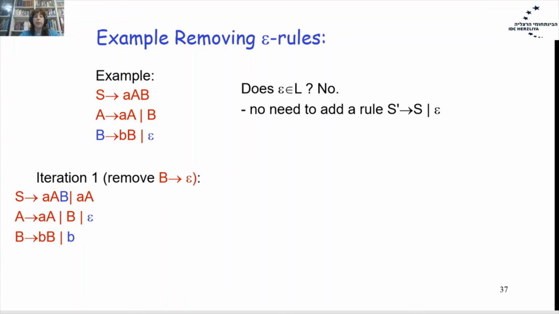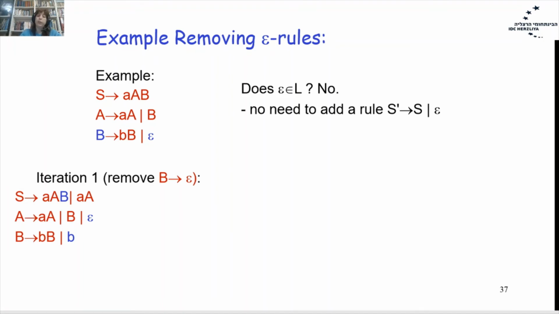So we had B at the right hand side of the production rule S derives AB, now we can eliminate B and we can add a new rule: terminal a concatenation with variable A. Since we had a rule A derives B, once again B should be replaced by epsilon, therefore we should add an additional rule A derives epsilon, and we also had B at the right hand side of the rule B derives small terminal b concatenation with variable B. Now variable B can be replaced with epsilon, so we add a new rule B derives small terminal b.